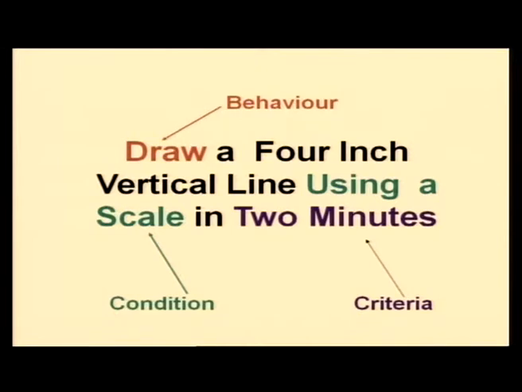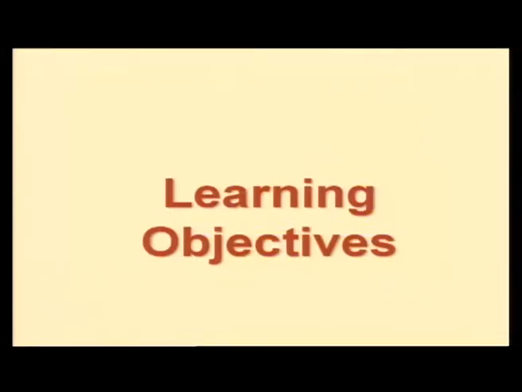The condition given is that only with a scale can you draw the line. You can frame an objective using, let us say, a thread, so that a thread has to be that long, but here my objective is only by using a scale, and that too in 2 minutes, that is the criteria. That is the importance of writing learning objectives.